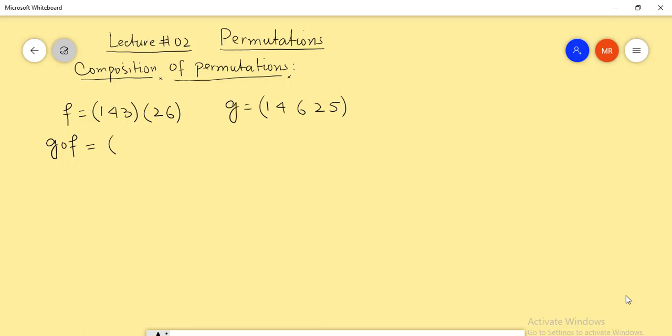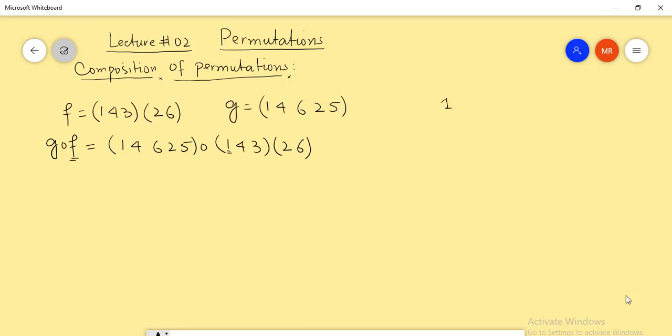So G is given by (1 4 6 2 5), composed with (1 4 3 2 6). And we know that first we have to find the images of symbols under F. And we start with the smallest possible symbol here, which is 1.